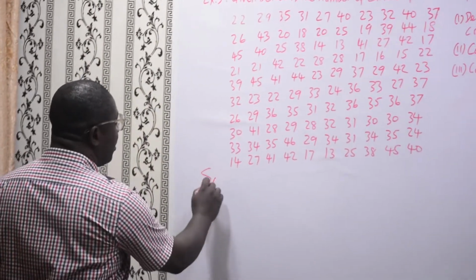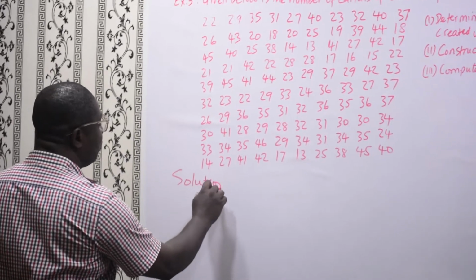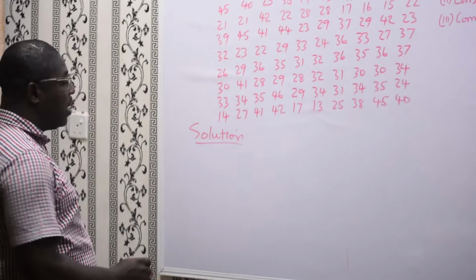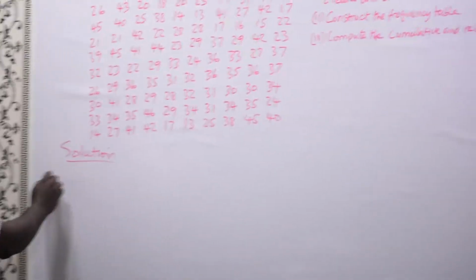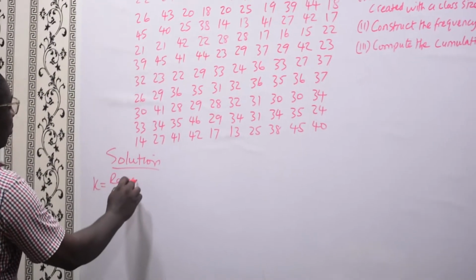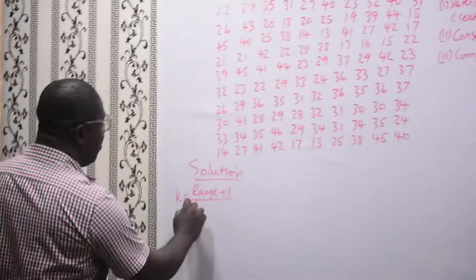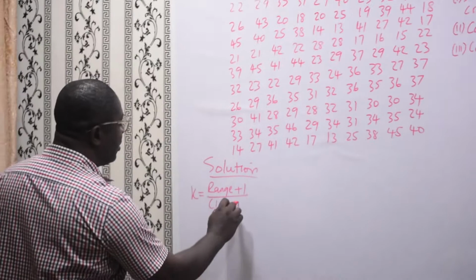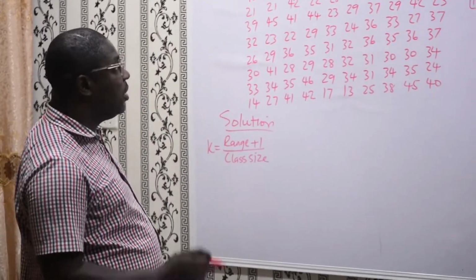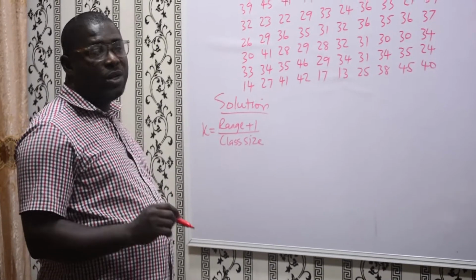Down here I'm going to write solution, and the first thing we do is to find the number of classes. The formula is given as range plus 1 divided by class size. Now the range is the highest value minus the lowest value.